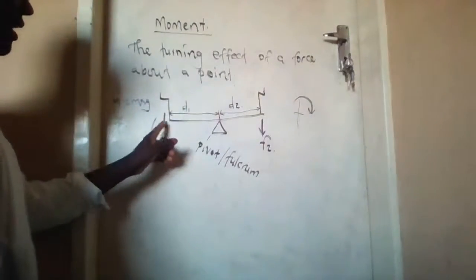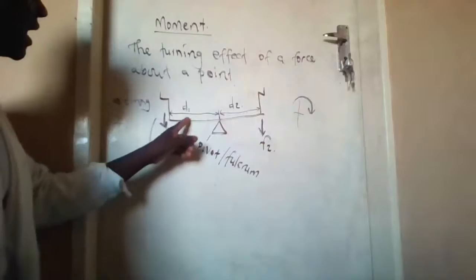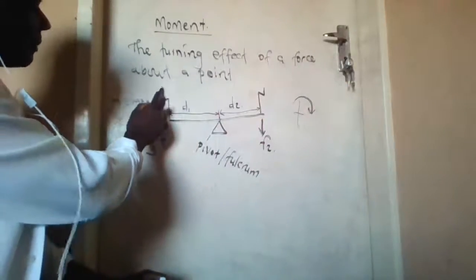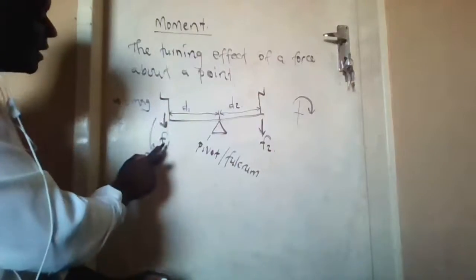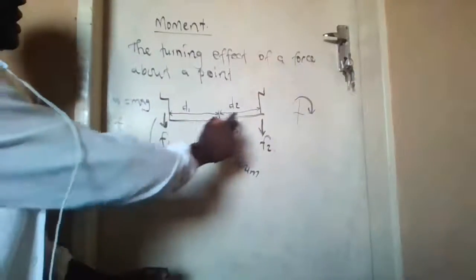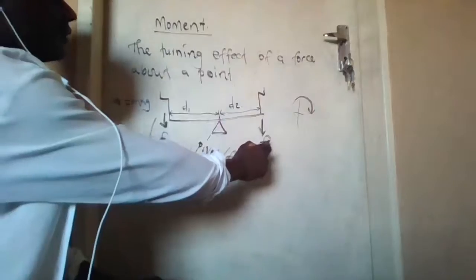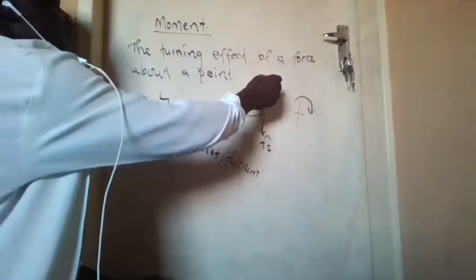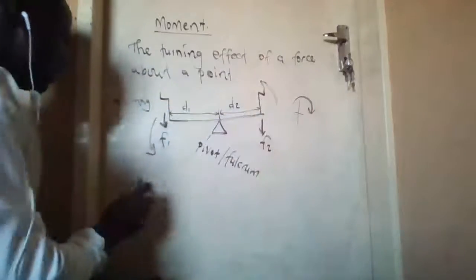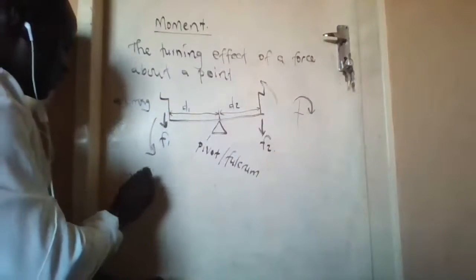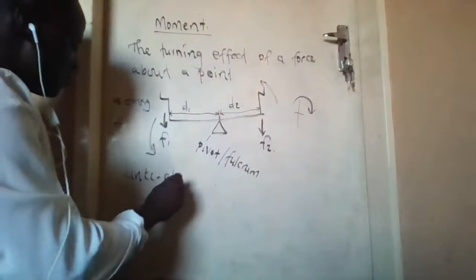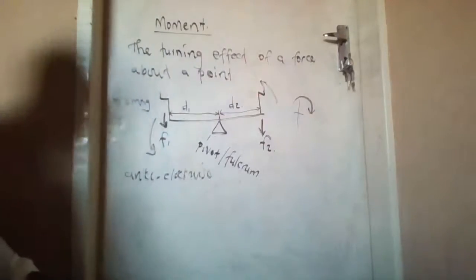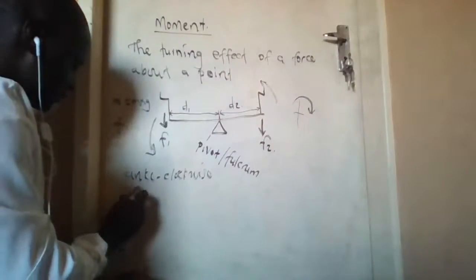But the direction in which this seesaw will go when the person who applies force 1 is bigger than force 2, the seesaw will go in this direction, and this direction is called the anti-clockwise direction.